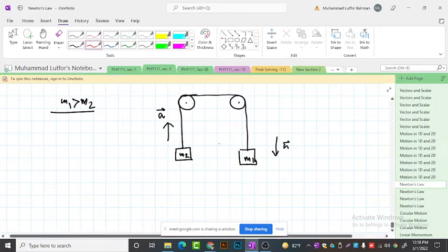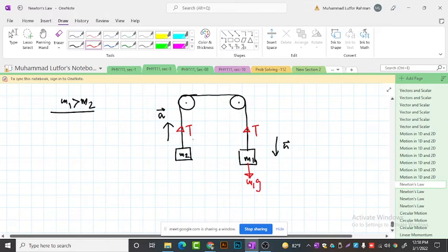If I want to find that acceleration, I have to draw the free body diagram. This would be M1G, this would be my tension T, and there is also the tension T on the other side. Notice that I use the same symbol T on both sides because it is connected by the same string. Tension would be the same throughout that string.